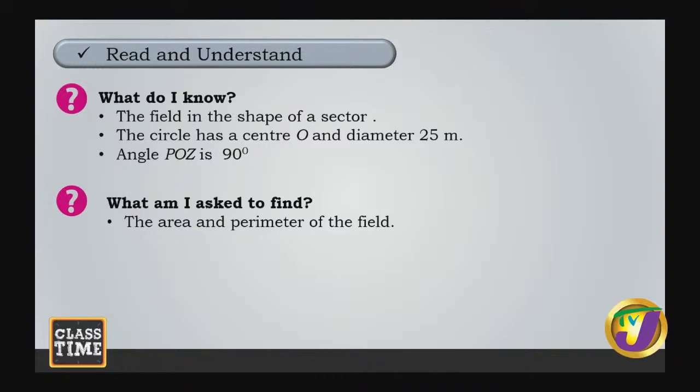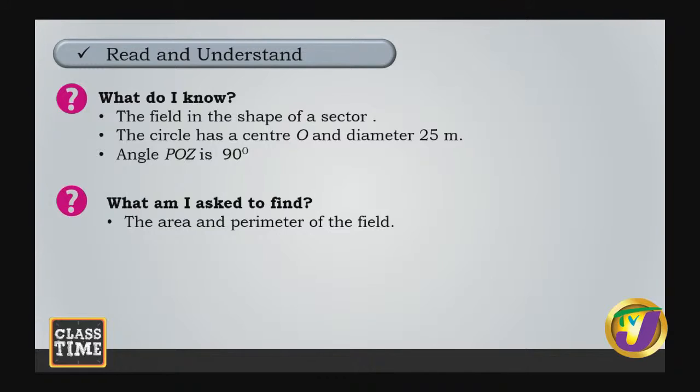While thinking about it, we could do some further breakdown: if I have the diameter, then I would automatically find the radius. If it's a 90-degree sector, then it's 2 radii and an arc. And what am I to find? You are to find the area and the perimeter of the field.